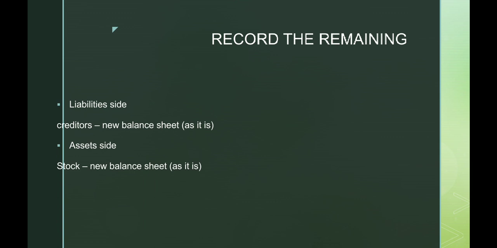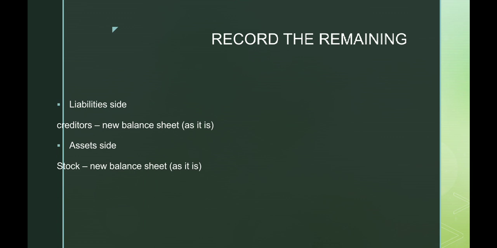So creditors 80,000 will be written as it is in the new balance sheet. And lastly, workmen compensation reserve. We have already solved this. We had an adjustment over this, so it is done. Also, I have instructed you that you should put a tick mark over the things which have adjustments.